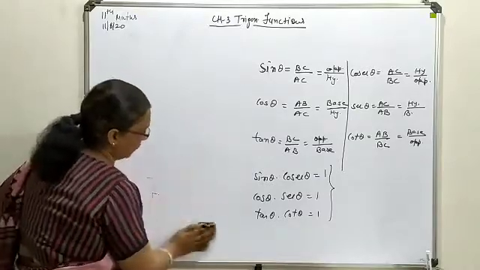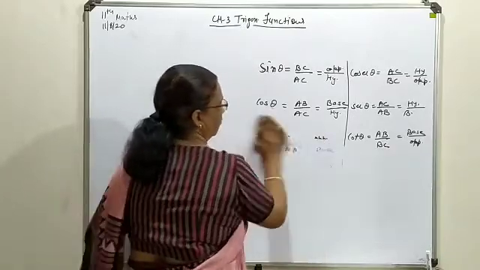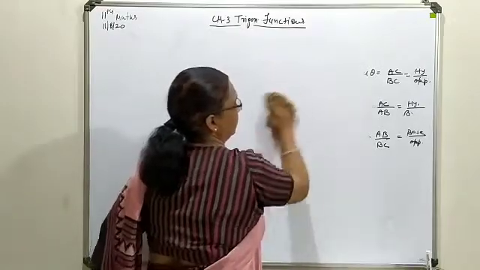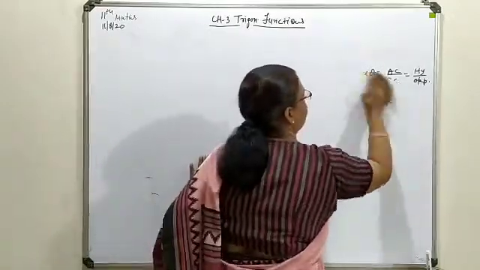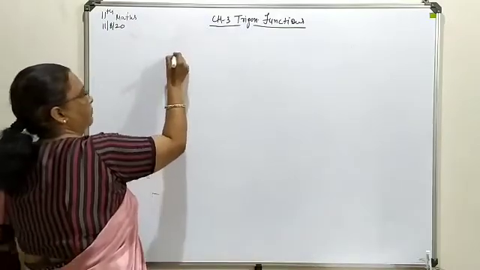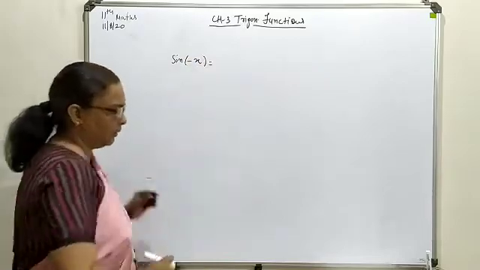Now one more sign concept I would like to introduce first, so everything will be clear to you, and then we can start with the particular form. Sometimes you will find your angle in this form.